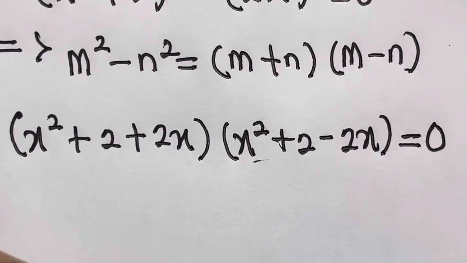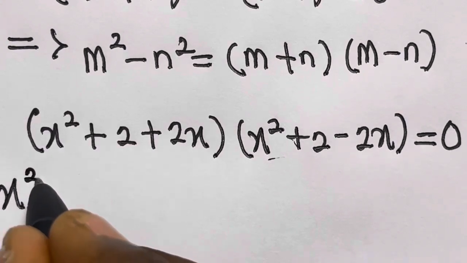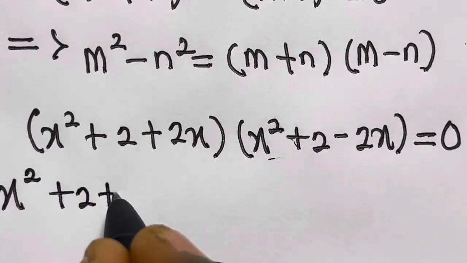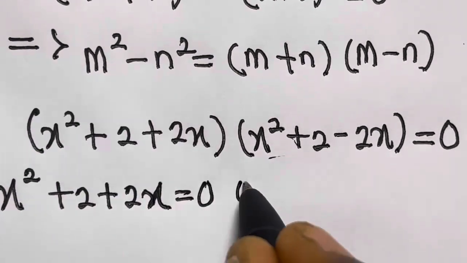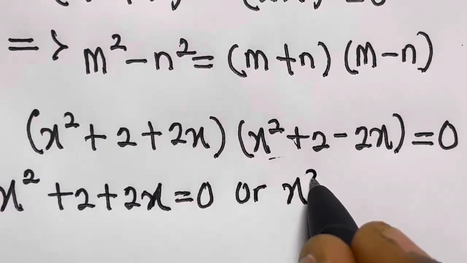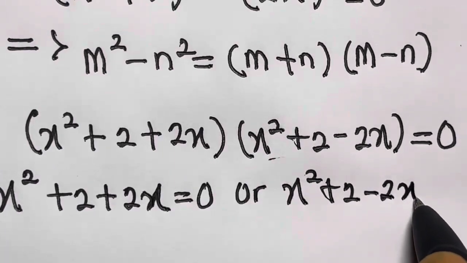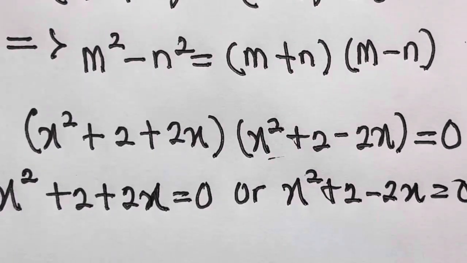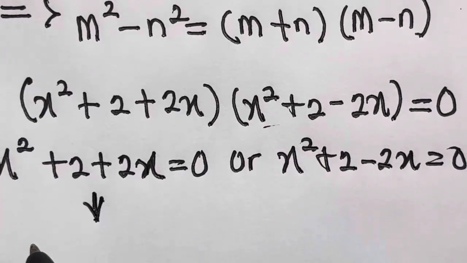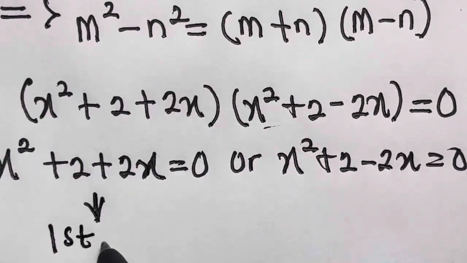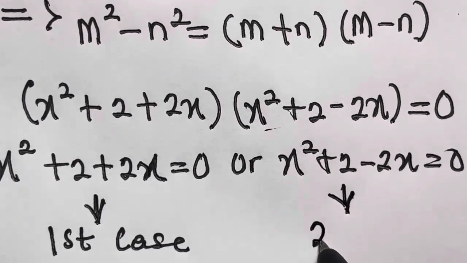So we have x squared plus 2 plus 2x equals 0, or x squared plus 2 minus 2x equals 0. So we have this as our first case, and this will be our second case.